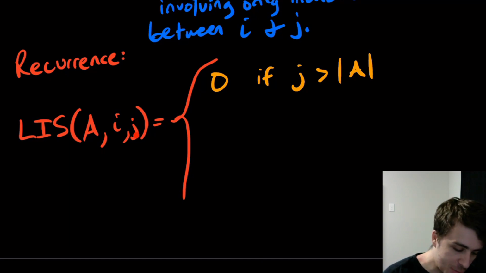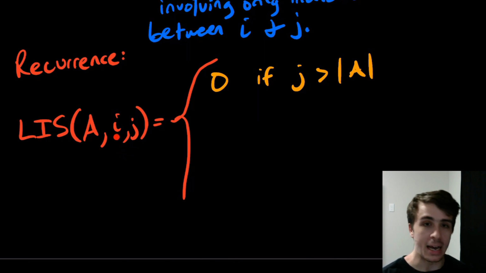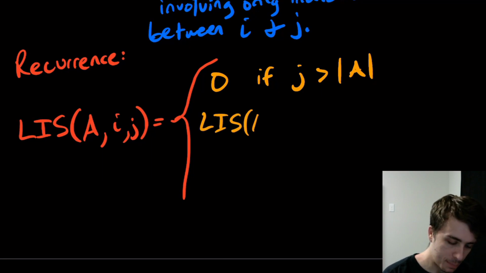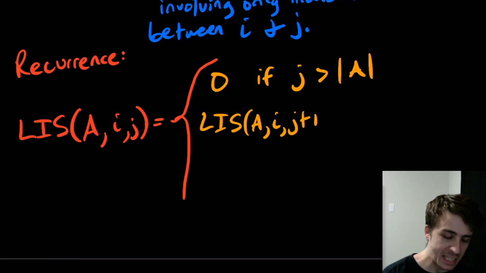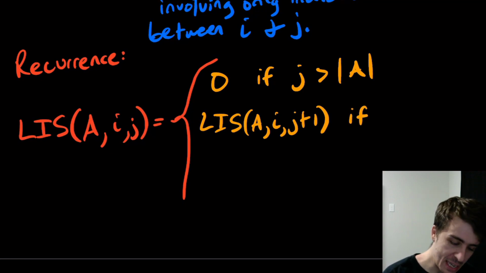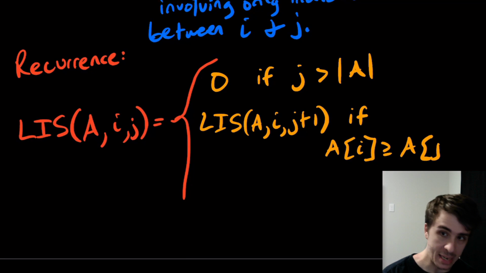In the case where index j has a value smaller than or equal to the ith one, I can't possibly include j, because if I include i, which I'm supposing I do, I can't include index j. So that means it's equal to the same problem going to the next index, hoping that maybe that one will be the next one of the subsequence I pick. So this is if A of i is at least as big as A of j.